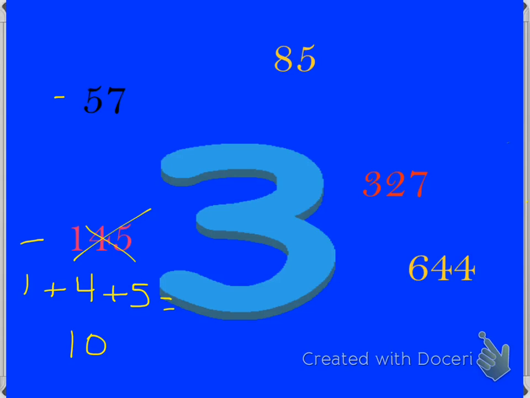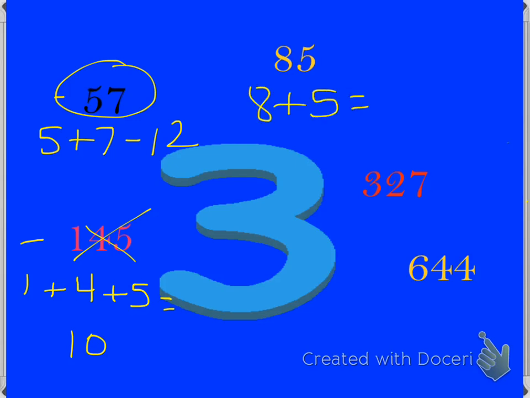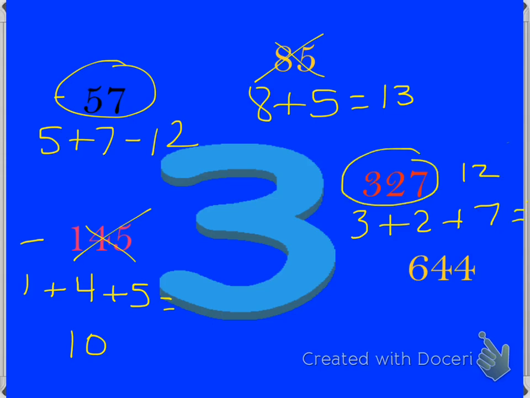Next is 57. 5 plus 7 equals 12. 12 is divisible by 3, so is that number. 85. 8 plus 5 equals 13. 13 is not divisible by 3, so that number is not. 3 plus 2 plus 7 equals 12. 12 is divisible by 3, so is 327. And the last one, 6 plus 4 plus 4 equals 14, not divisible by 3, so 644 is not divisible by 3.